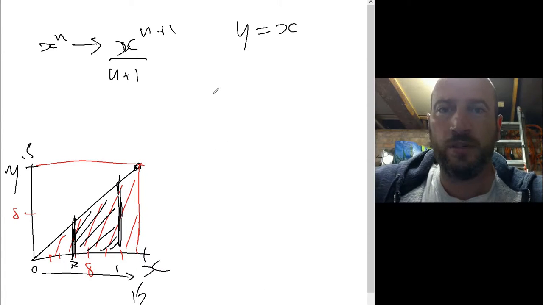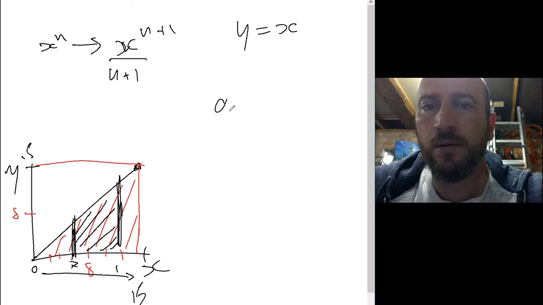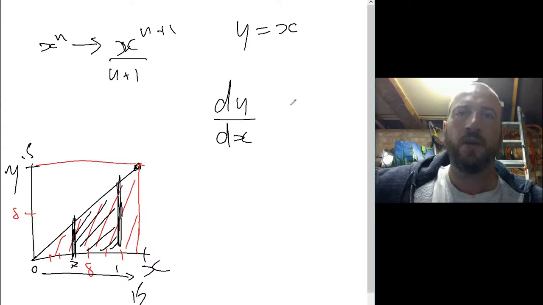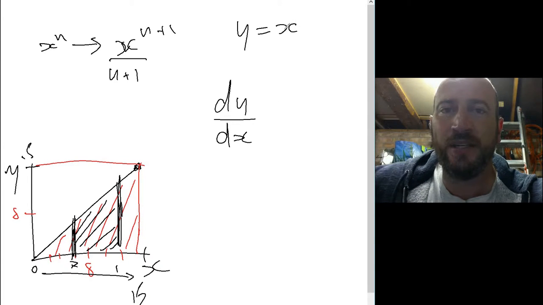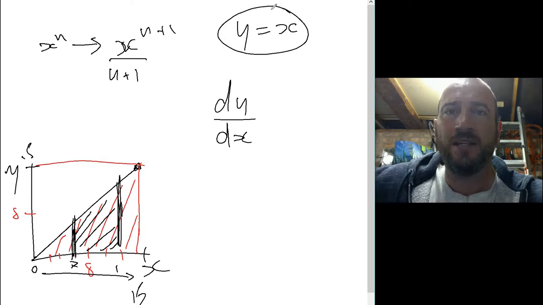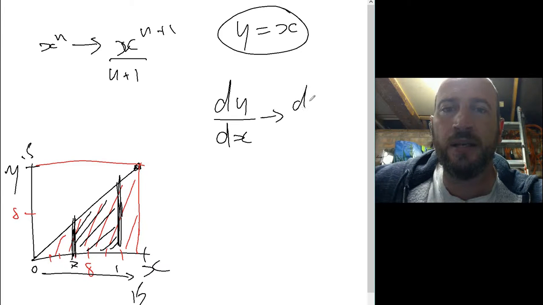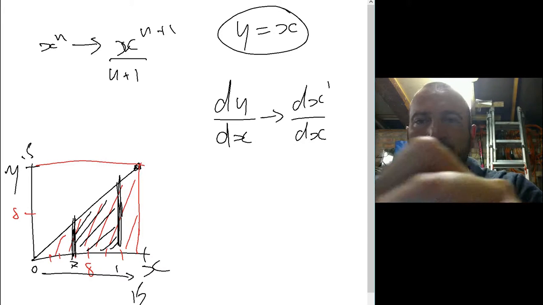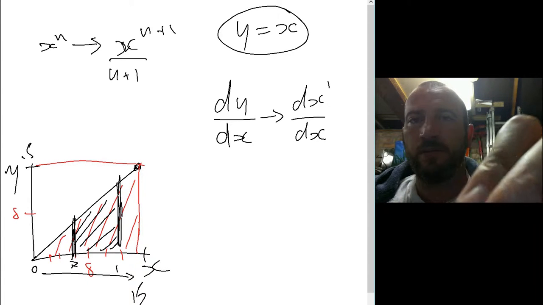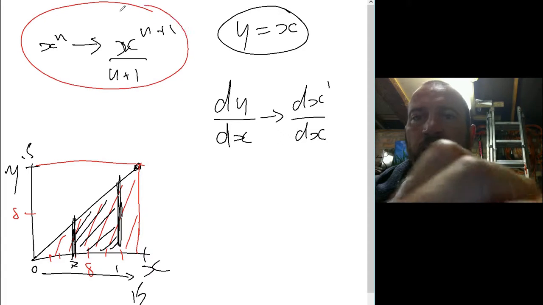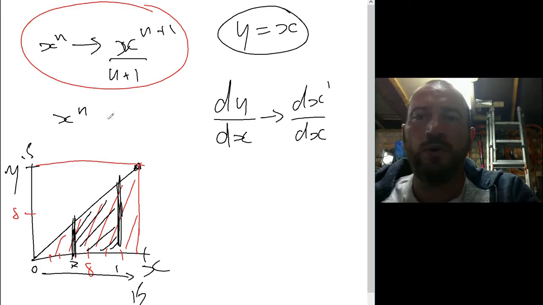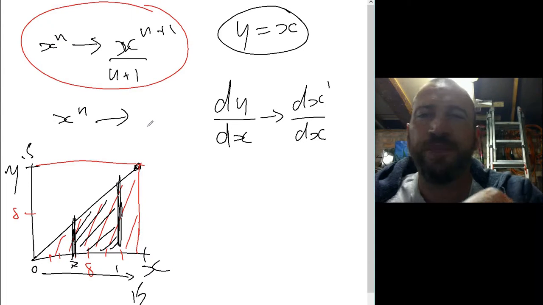We use this structure, dy by dx. In this case, y is equal to x. So essentially what we've got is d x to the power of 1 over dx. Now for differentiation, x to the n, we're going to do almost the opposite of integration.